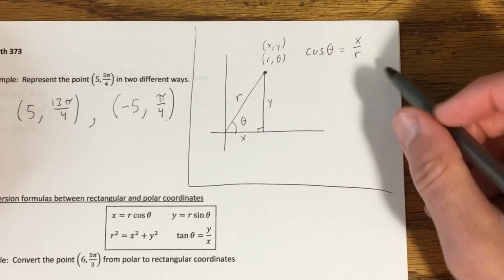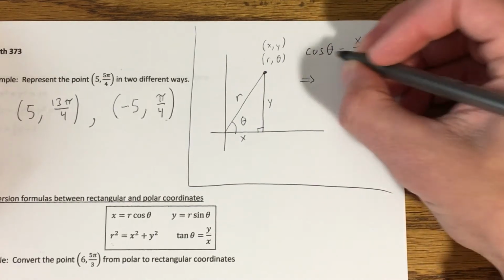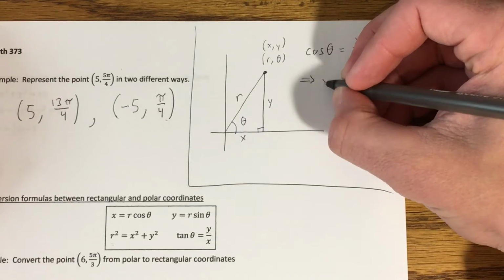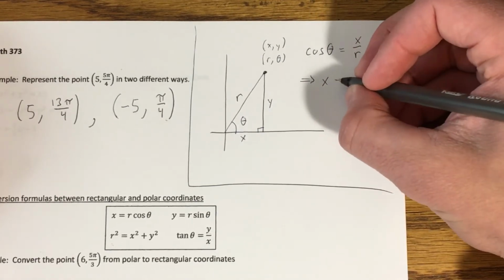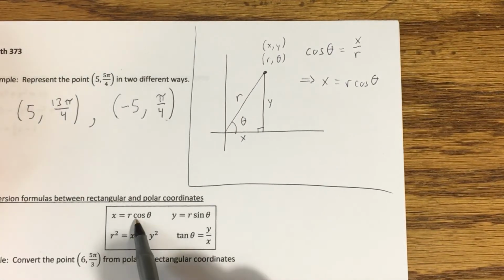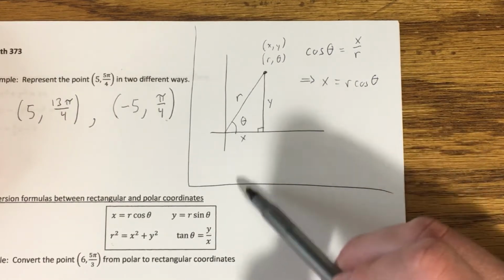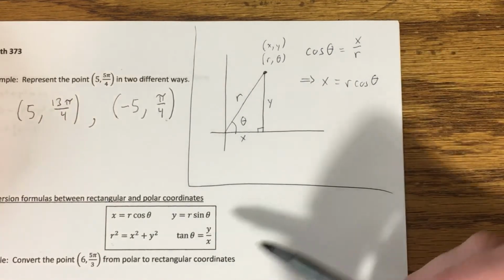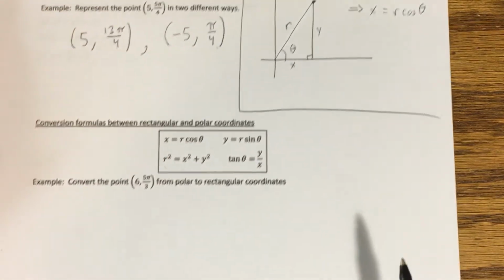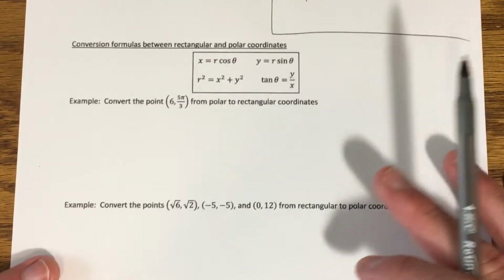But notice, if I were to just multiply both sides of this by r, and maybe switch the sides of the equal sign, I get x equals r cosine of theta. That's where this one comes from. A similar derivation shows that y is equal to r sine of theta if I were just to set up sine of theta equals y over r and then solve for y. So these are easy to derive just from that picture, but we should practice using them.